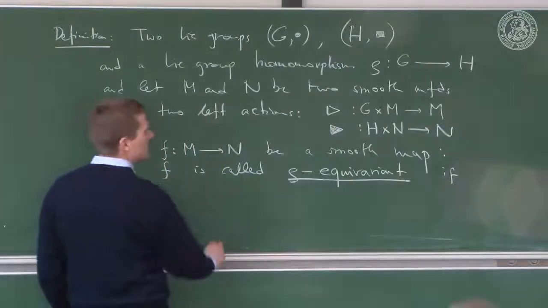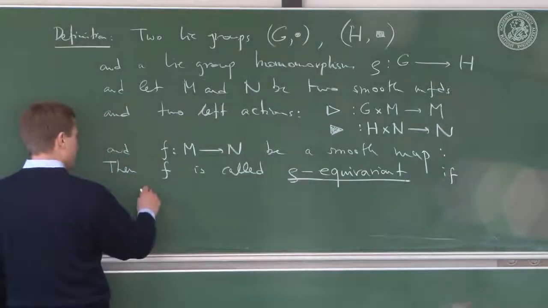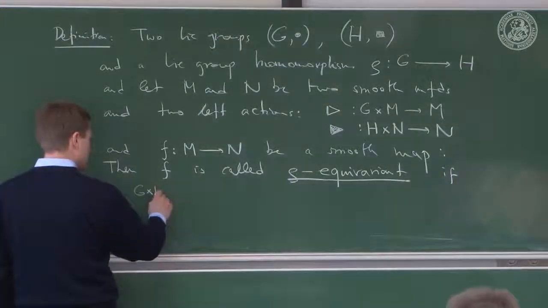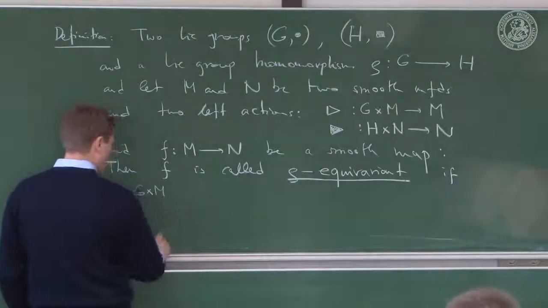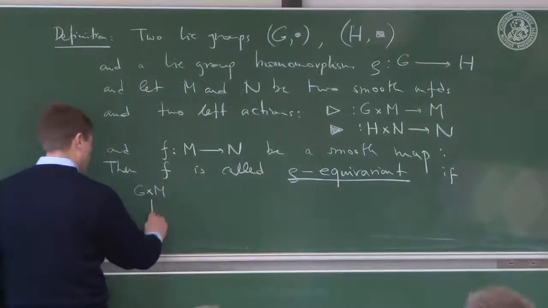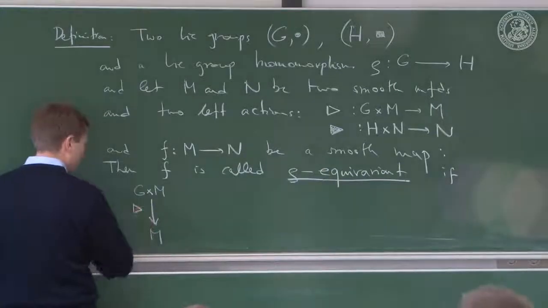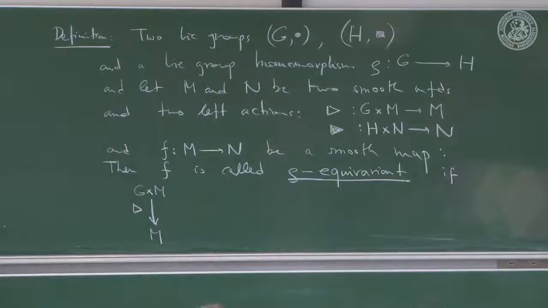Let me try to squeeze the diagram here. Yeah, so we take G cross M and we take M. How do I come from G cross M to M? Well, by virtue of my empty left action.